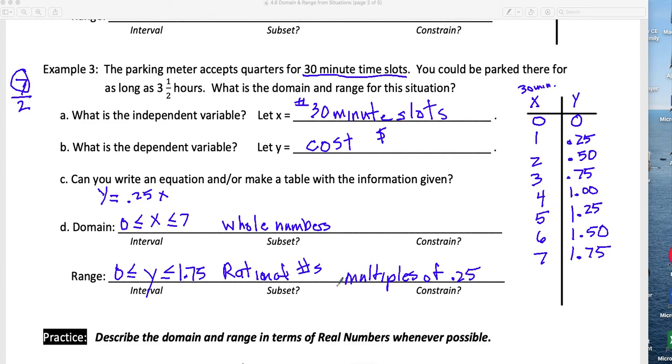All right, so here's what you're going to do. When you get into the practice, you're going to read carefully. You're going to see if you can figure out what your independent variable is and what your dependent variable is. That's going to let you set up your table or write your equation or do both. And I'm going to put enough information on my table so I know what I'm talking about.